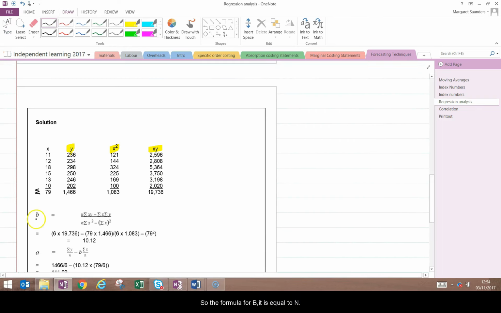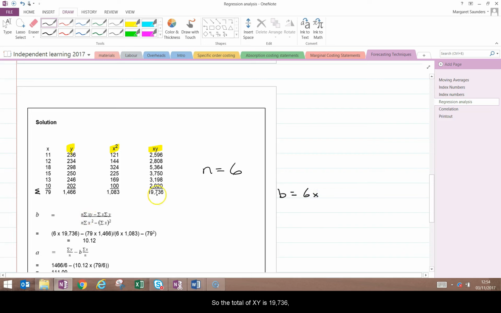So the formula for b is equal to N. Now, N is the number of sets of data that we have. So we have 1, 2, 3, 4, 5, 6 sets of data. So N is equal to 6. Looking at our formula, the value of b is equal to N, which is 6, times sigma XY, which means the total of XY.